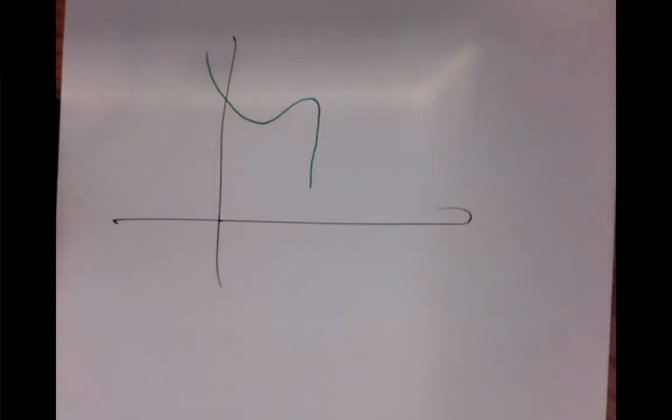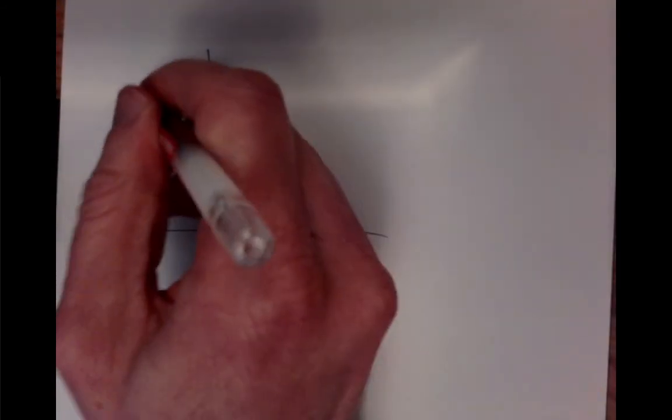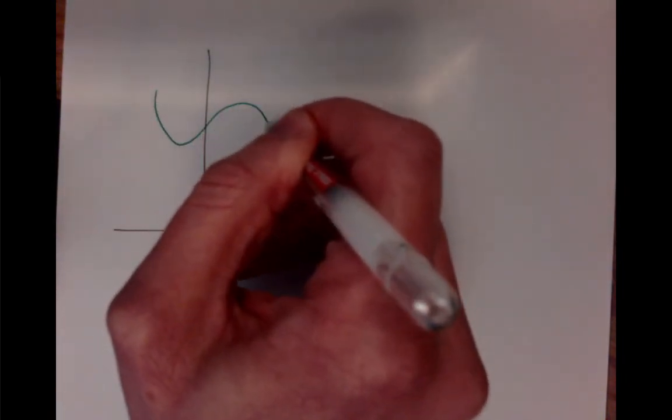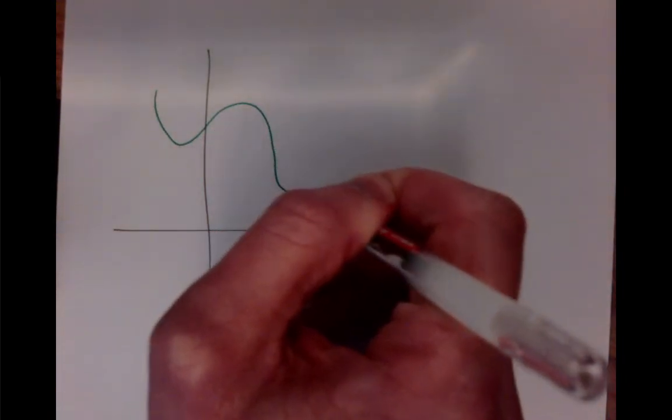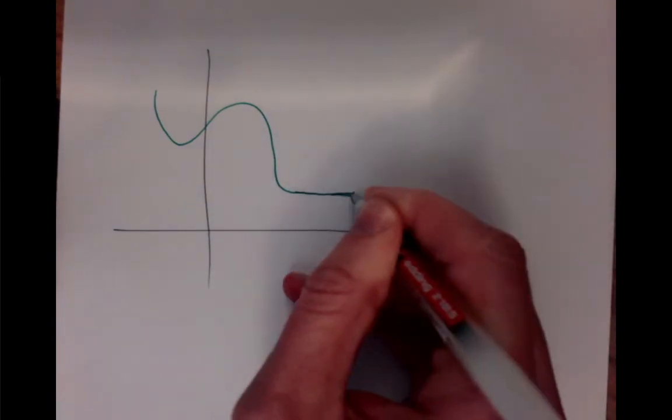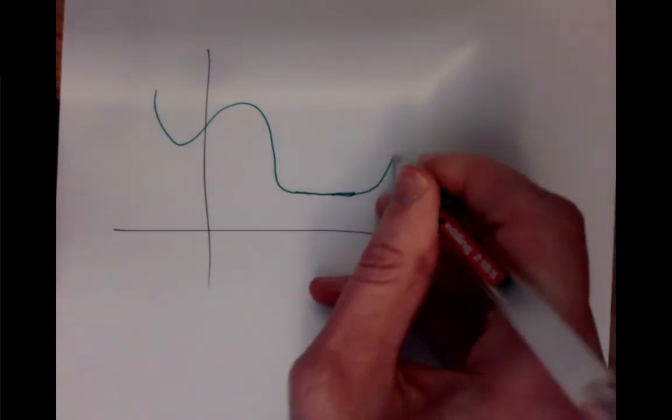So we'll draw something like this, and then like this, and then it goes flat for a while. That's okay, a function can be perfectly flat, and then maybe go up again.